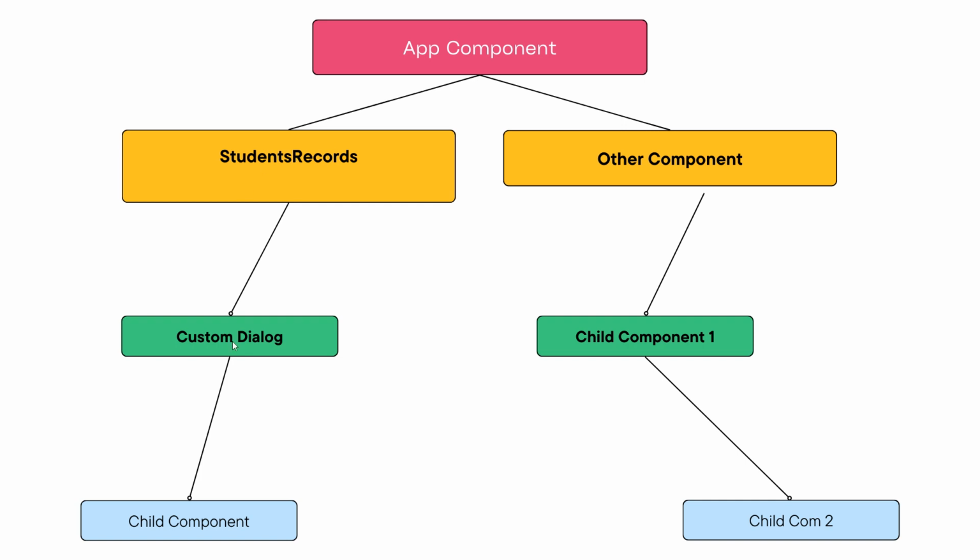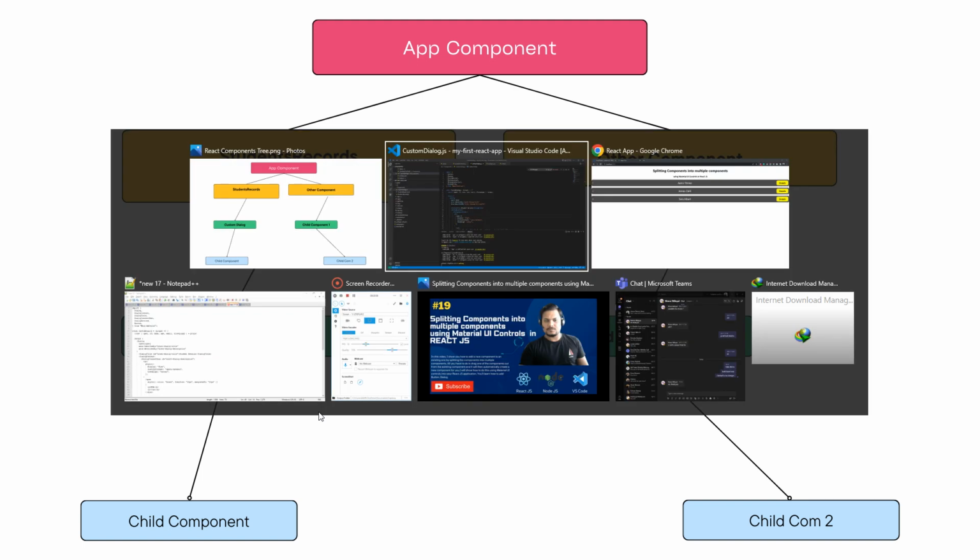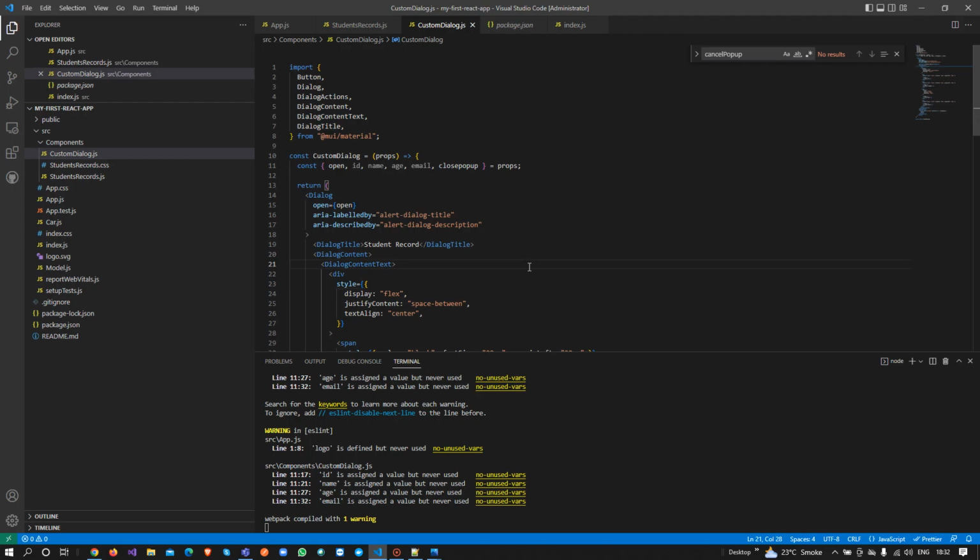We have the parent app component, then the students component, and then the custom dialog component. We can also split the custom dialog component into other components, so we have child components and so on. It is the same if we have other components and their children. This is how React works. This is how the component hierarchy is created on the backend.